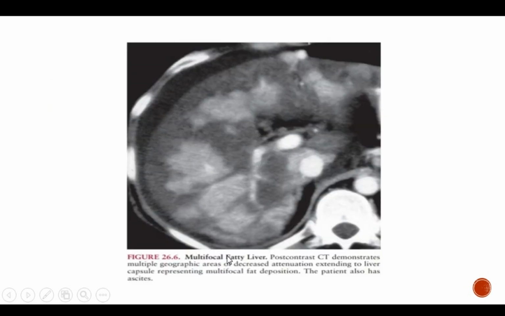This is a multifocal fatty liver on contrast enhanced CT. We can see multiple areas of lower density on the hepatic arterial phase, and on the portal venous phase the liver is enhanced while there are some areas of lower density. So these are multifocal areas of fatty infiltration.